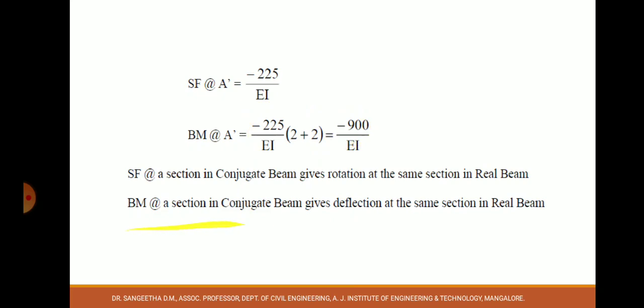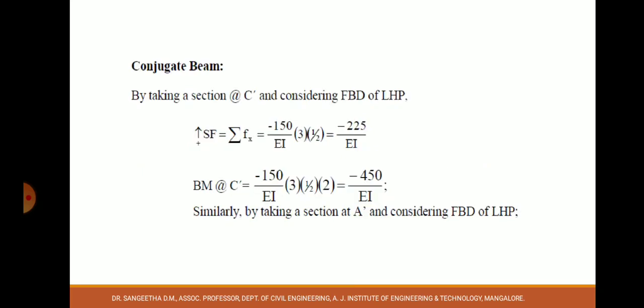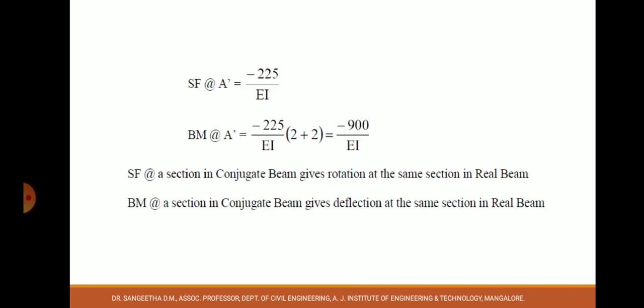Now read out the last sentence here. Shear force at a section in the conjugate beam gives rotation at the same section in the real beam. So the shear force you have evaluated at C dash and A dash is nothing but the rotations in the real beam at C and A. Bending moment at a section in the conjugate beam gives deflection at the same section in the real beam.